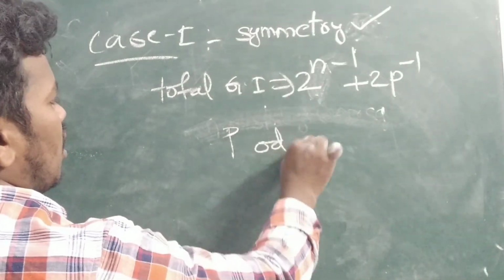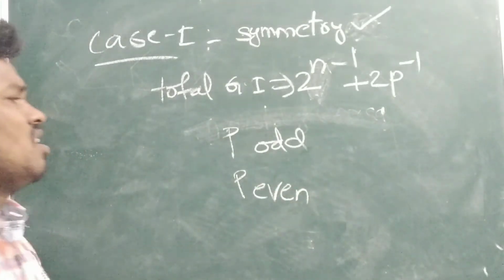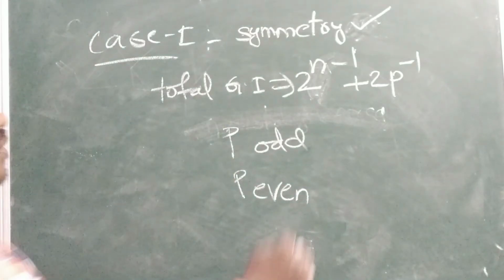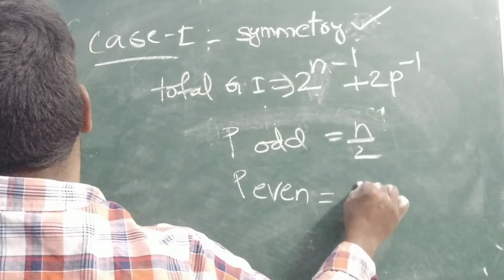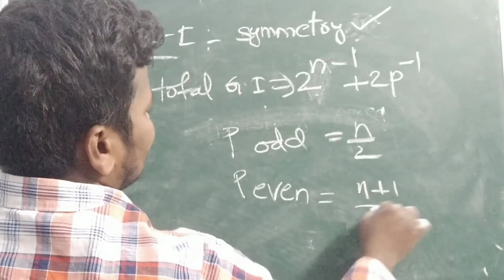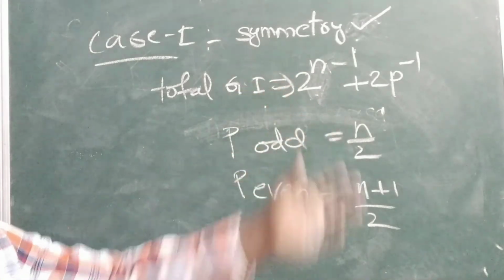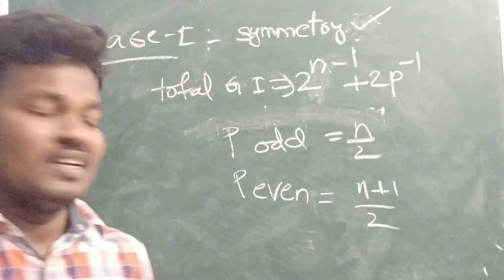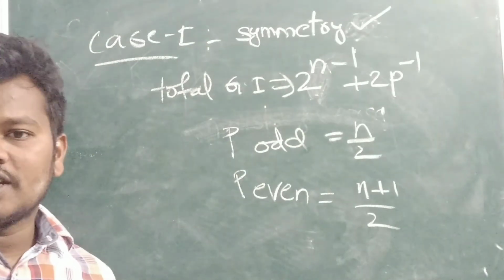For the even case, p is n by 2; for the odd case, you get p as n plus 1 by 2. If it is symmetrical, then you can easily calculate it; if it is not symmetrical, you cannot calculate it easily. Okay, this is one. So next, see one example based on this.